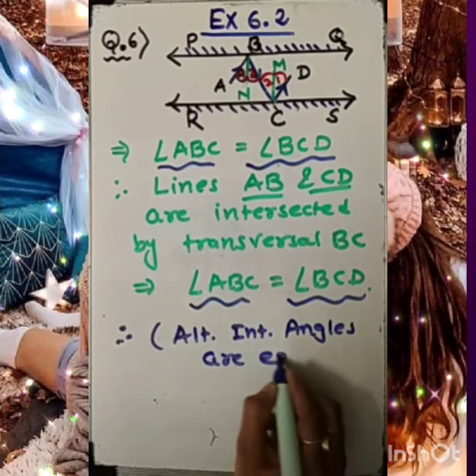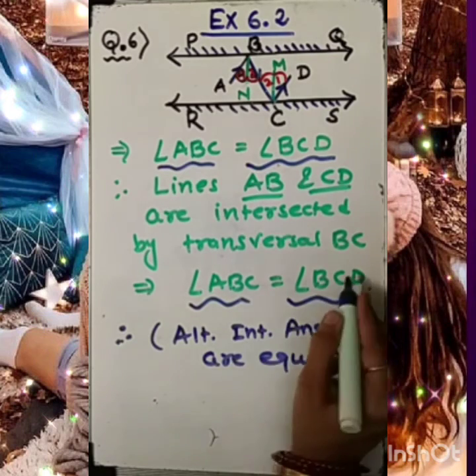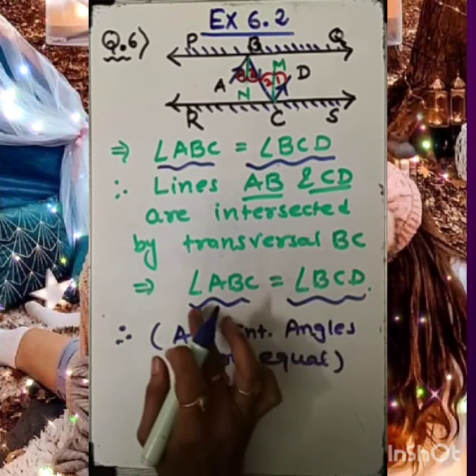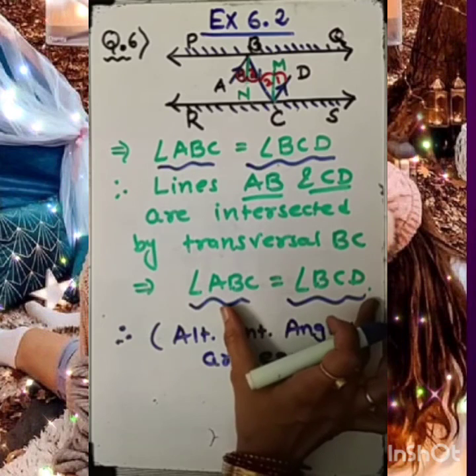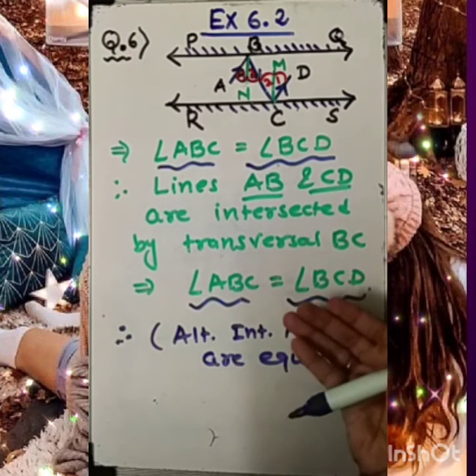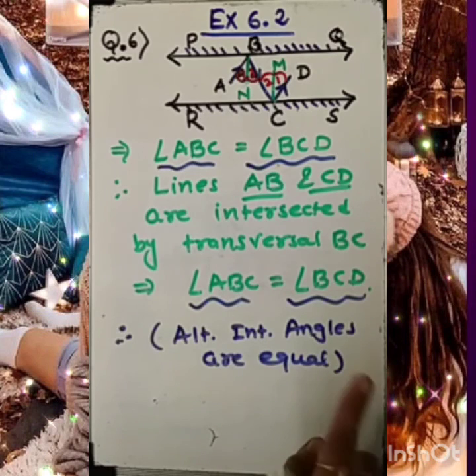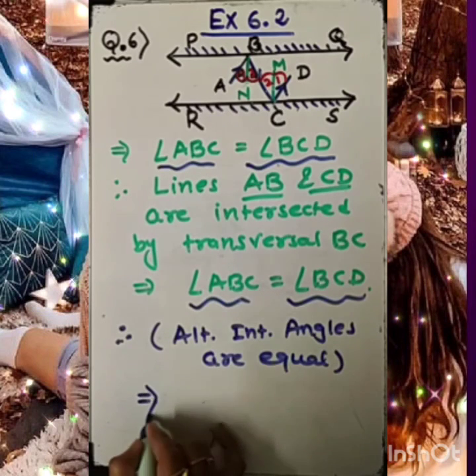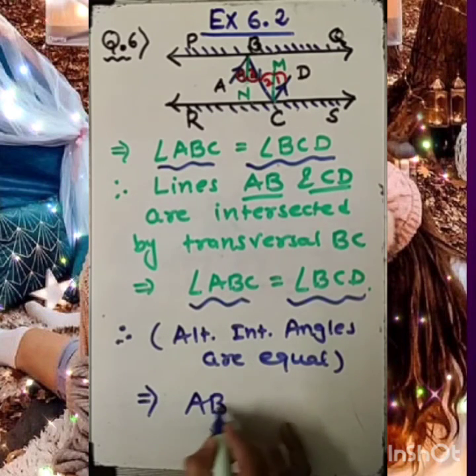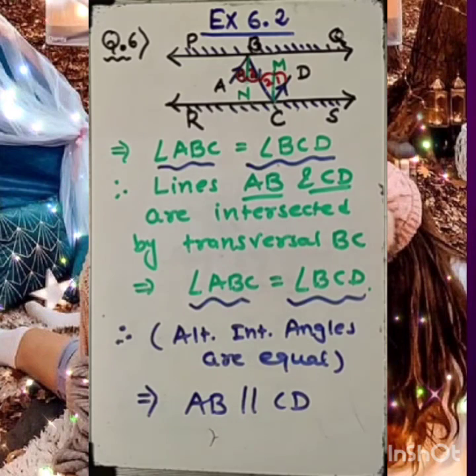Through that only we are coming to this point. If alternate angles are equal, the property of transversal line says AB is parallel to CD. This is the requirement of the question, hence proved. This is the complete solution of question number 6.